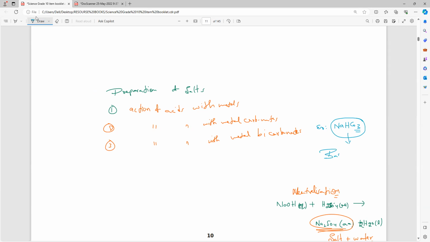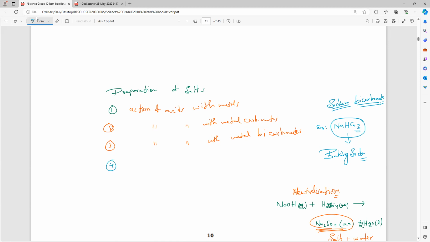Mr. Ashik, what is the common name? Everybody, what is the common name? Baking soda. Sodium hydrogen carbonate, or what is another name? Sodium bicarbonate.